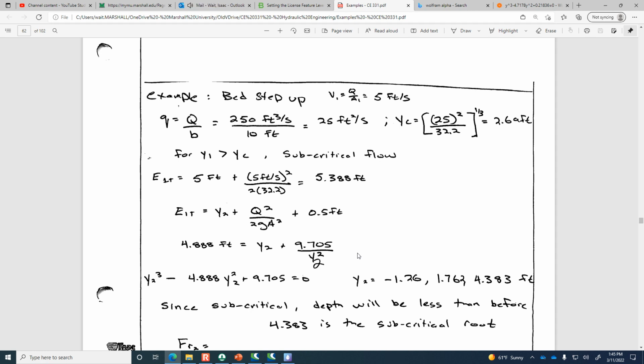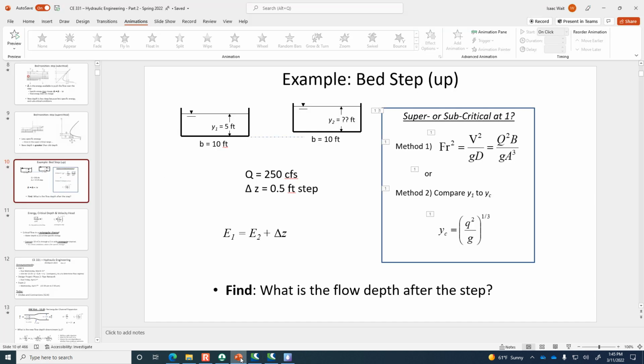So the E1 is 5.388 feet. And did other people get that same amount of specific energy at location 1? Okay. So then E2 is going to be E1 minus the delta Z. So the delta Z, in this case, is a step of 0.5 feet up.